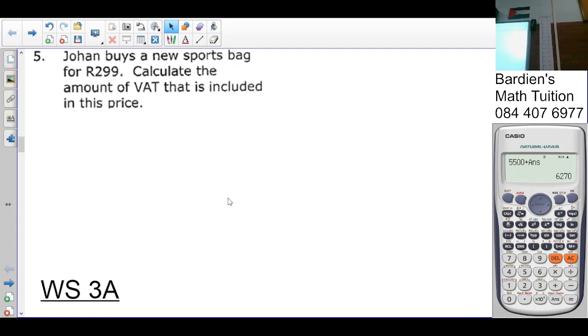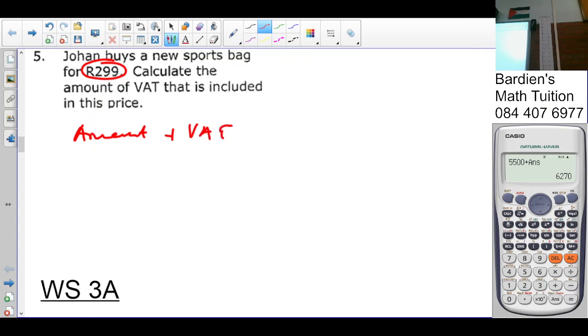So something different happens here. As I indicated, the VAT is included in this amount, so that 299 Rand is actually your amount plus your VAT. That's why VAT was included in this case.